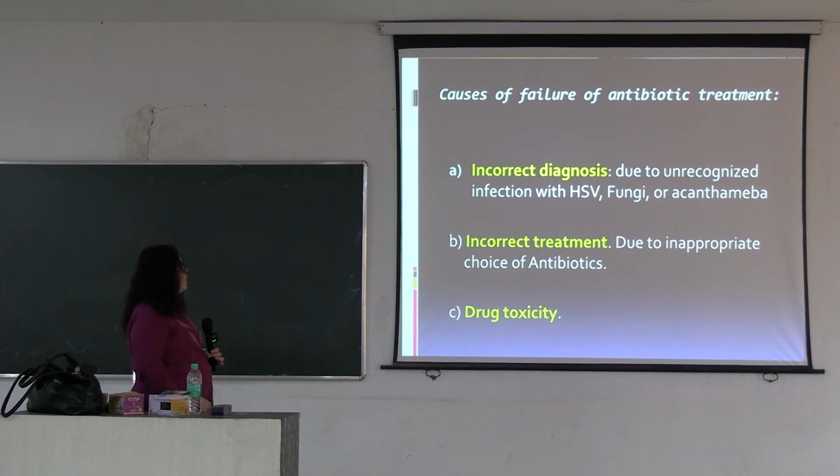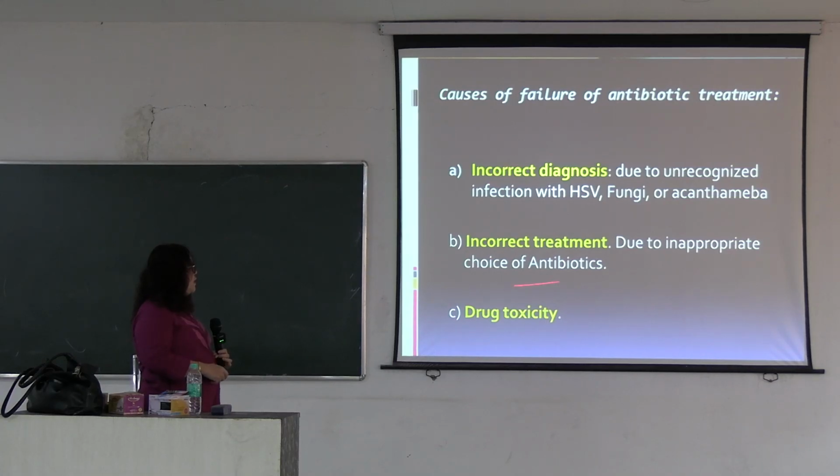Then causes of failure of treatment. What are the causes of failure of treatment of corneal ulcer? If we have a fungal corneal ulcer and give antibiotics, or a viral one and proper treatment is not given, that is an incorrect diagnosis.